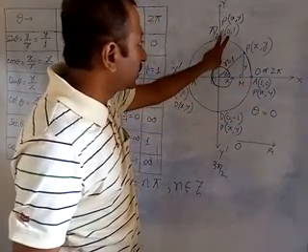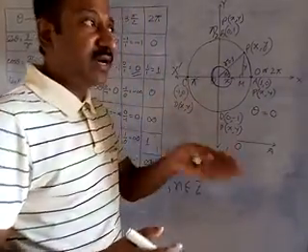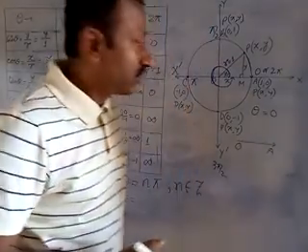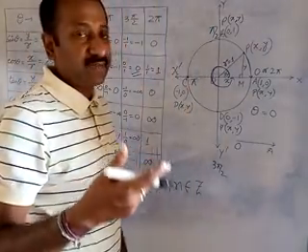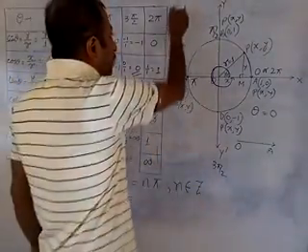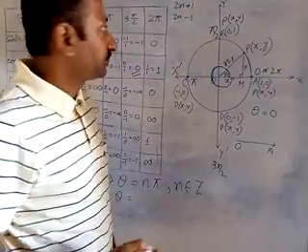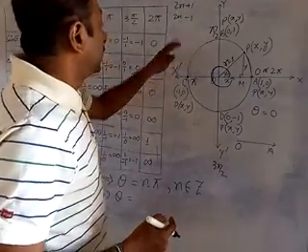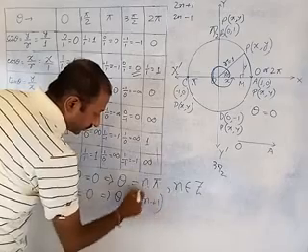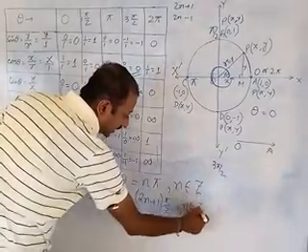Then again it reaches the y axis at 5 pi by 2, 7 pi by 2, meaning 1, 3, 5, 7. These are what? Odd multiples of pi by 2. No? Odd multiples. 1, 3, 5, 7 like this. These are odd numbers. So any odd number we generally express as what? Twice n plus 1 or twice n minus 1. Clear? Understood? So let us write it like this. Twice n plus 1 into pi by 2. What is n? n is an integer.